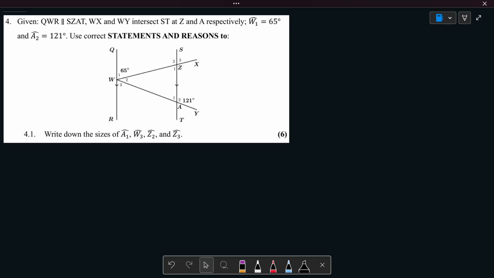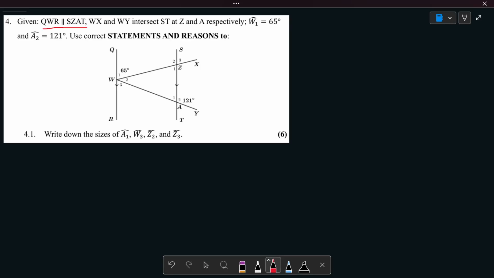Let us read the question. The question asks us to write down this. Okay, let's actually read the information we have. Given that QWR is parallel to SZAT, and WX and WY intersect ST at Z and A respectively.